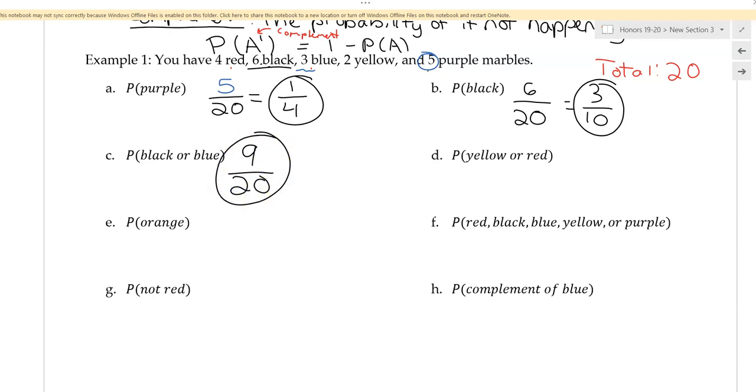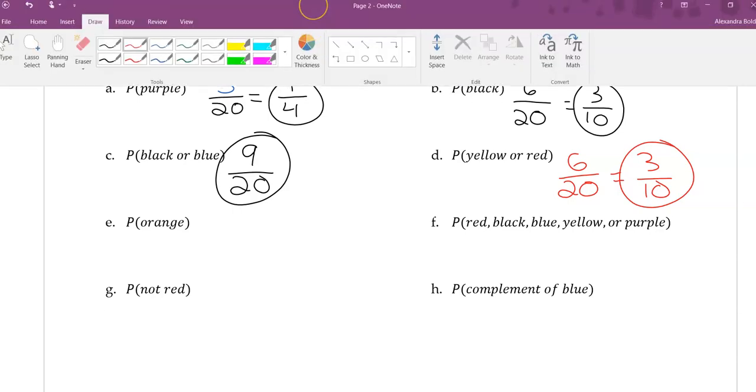All right, so I can choose black or blue. There's 9 choices I have out of the 20 total choices. Same thing with red or yellow. I have 6 out of 20 choices. 3 out of 10.